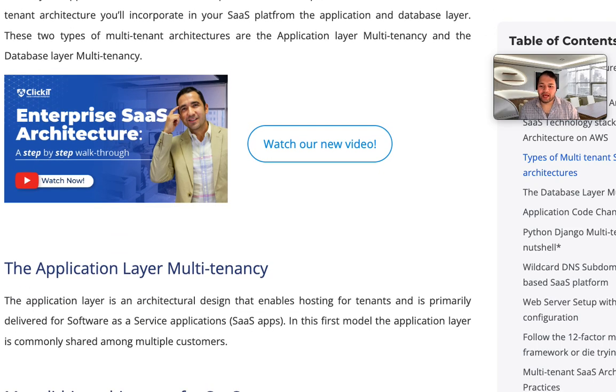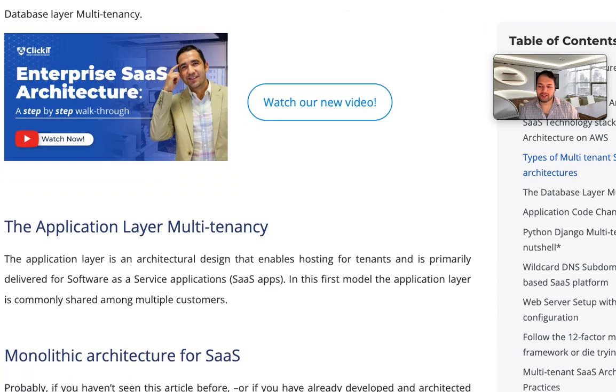So let's talk about the application layer multi-tenancy. The application layer is an architectural design that enables hosting for tenants and is primarily delivered for software as a service applications, SaaS applications. In this first model, the application layer is commonly shared among multiple customers.